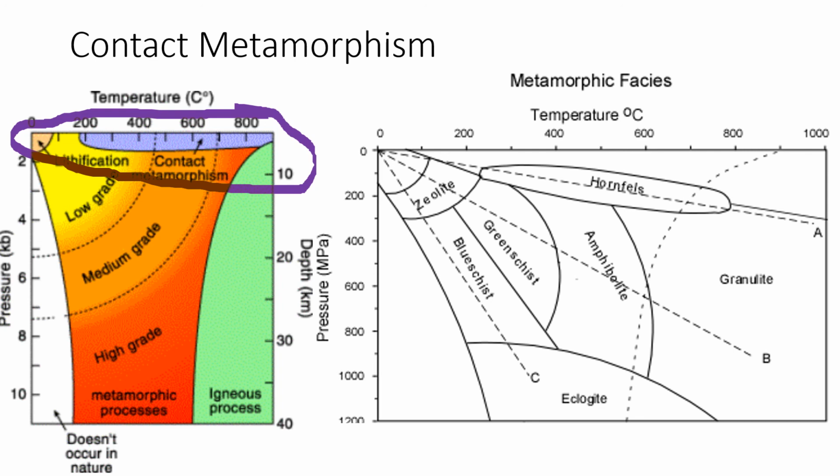And if we look at this other with the metamorphic facies, so we're starting out up here and we're starting to shift through this Hornfels metamorphic facies. I guess we could get all the way into the granulite if we tried hard enough, but we're probably going to melt some of those right where they're touching the magma before we actually get into a granulite facies because we don't have enough pressure to keep them solid.